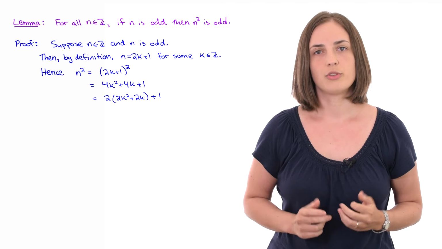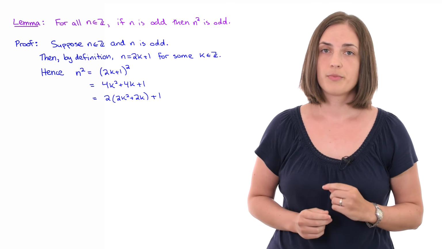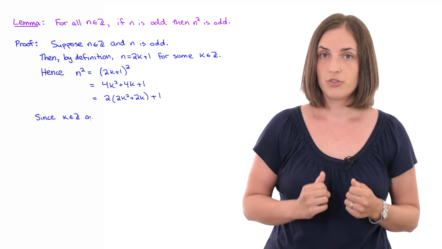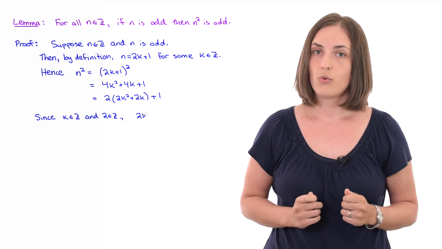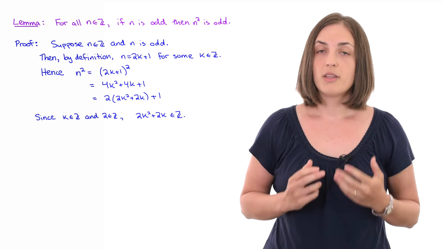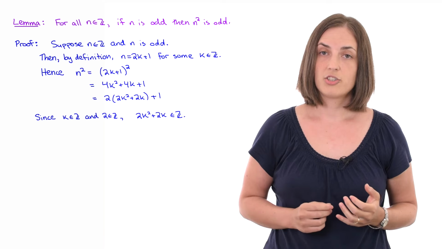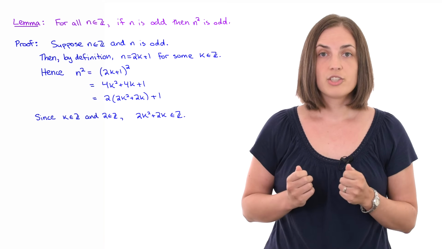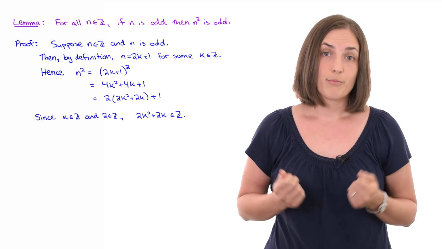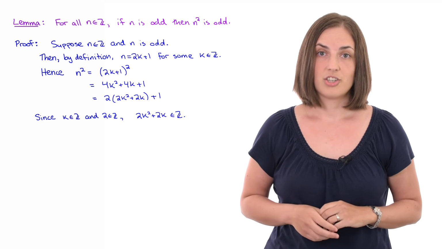Now, why is it useful to write out n squared in this way? Well, here we can see that since k is an integer and 2 is an integer, 2k squared plus 2k is also an integer. Here we assume familiarity with the basic properties of integers, such as the sum of two integers is an integer, the difference of two integers is an integer, and the product of two integers is again an integer.